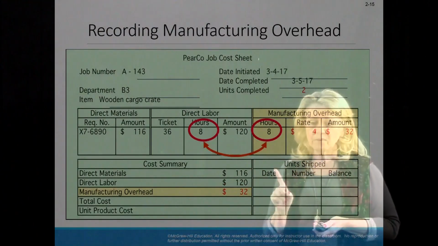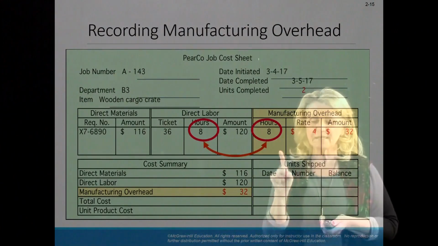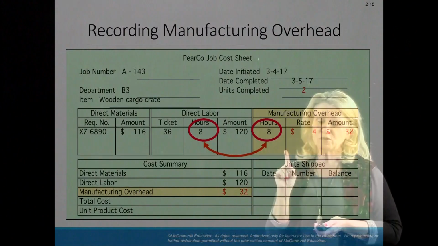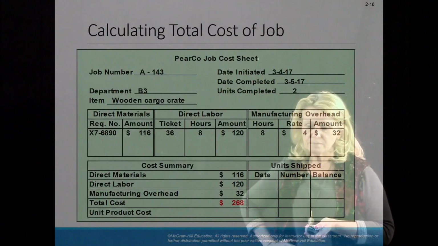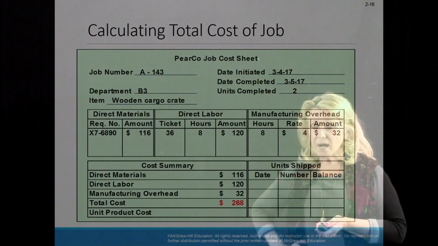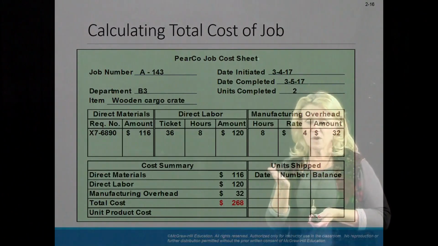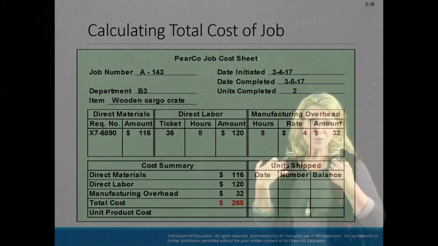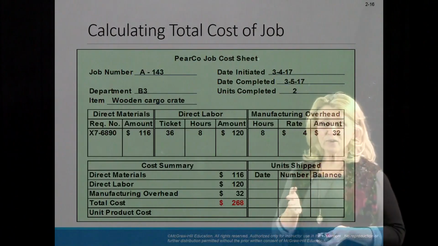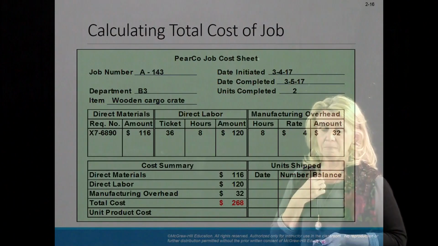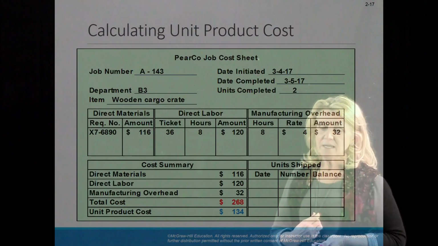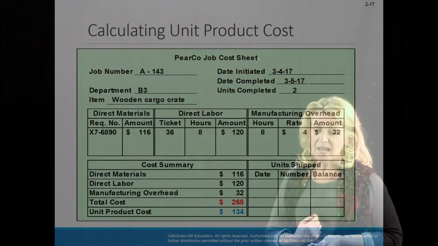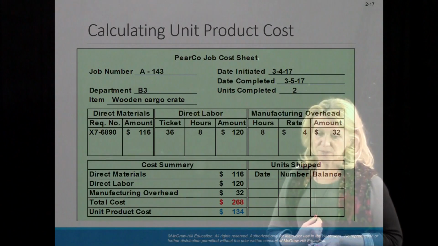So if you see at the bottom, we now have 116 for direct material, 120 for direct labor, and 32 for manufacturing overhead. So the total cost to build this cargo crate, just our cost, is $268. Unit product cost is then calculated at $134.